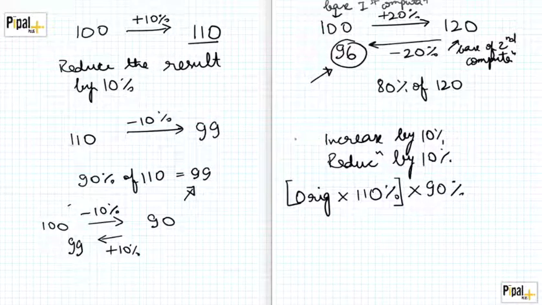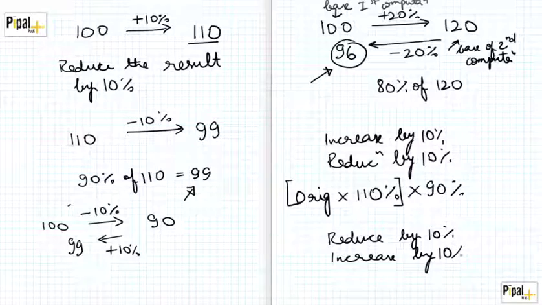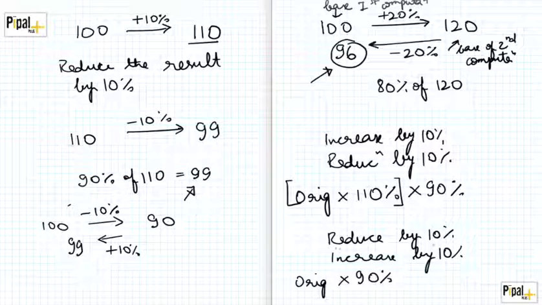However, if I change the sequence, now if I reduce by 10% and the result I increase by 10%, my original amount gets 90% of the original because I've reduced it by 10%, and multiplied by 110% because of the increase by 10%.